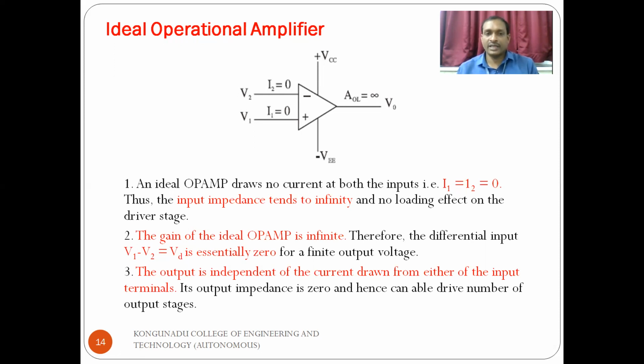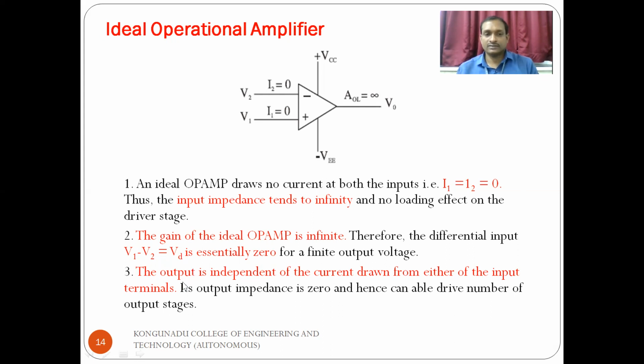Next, the gain of the op-amp is infinity, because here the input voltage V1 minus V2 is equal to 0. That is, the differential input is equal to 0. If the input is 0, the output is infinity, the open loop gain. So A_OL is equal to infinity. The ideal op-amp has infinite gain.